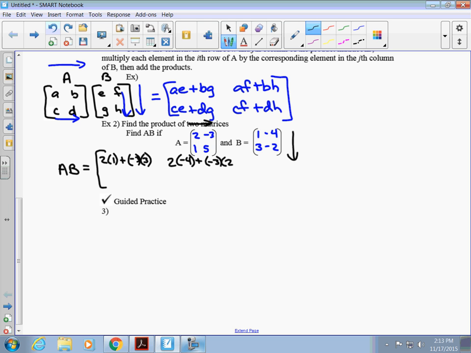Again, across the first matrix, down the second column in the second matrix. Now we go to row 2, column 1. So it's going to be 1 times 1 plus 5 times 3. And then we go to row 2, column 2. So it's going to be 1 times negative 4 plus 5 times negative 2.